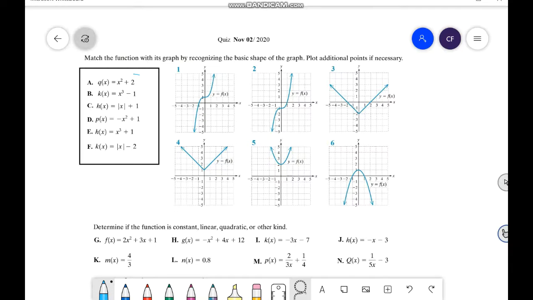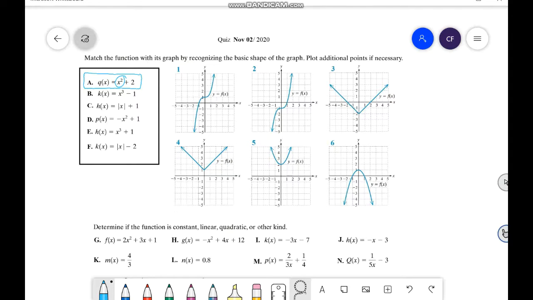First question, you have to match the equation of the function with the graph. And the first function that we have here is q of x equals x squared plus 2. So let's go to the graphs, to the options that we have available. And we know that this is a quadratic function. X squared is a quadratic function.